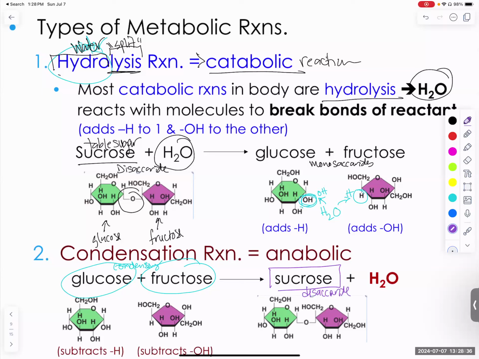And so you're going to pull off the hydroxyl off the glucose, and you're going to pull off the hydrogen off the fructose, and it's going to form water. And in the process, it's going to establish a bond here. And so you can see now there is a bond between the two, and we've pulled out water. So that's condensation, or bringing water out.